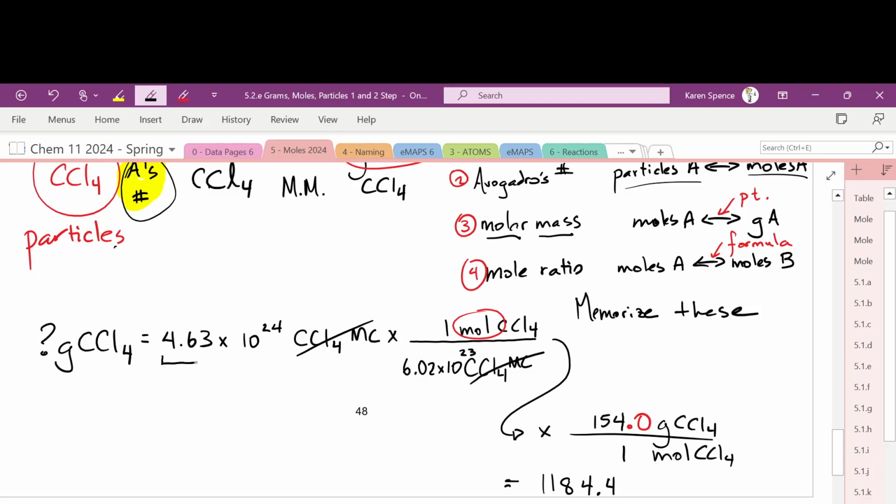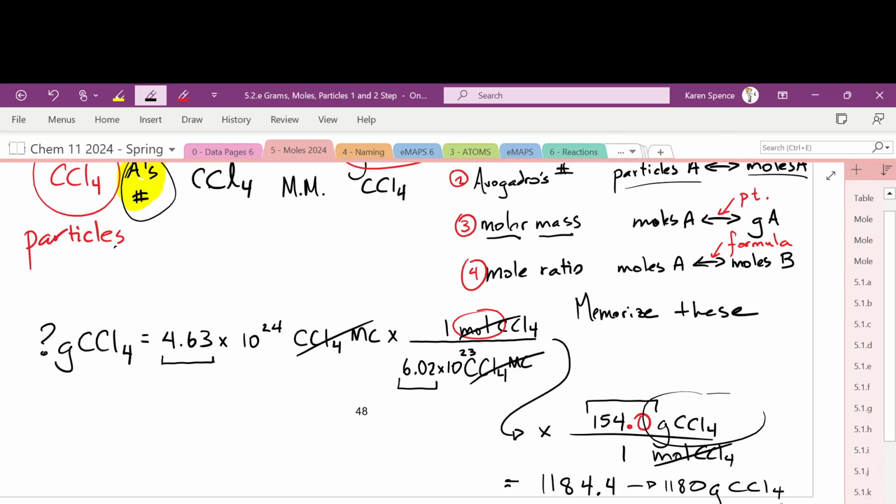We have 3 significant figures here, 3 significant figures here, and 4 significant figures here. So we would want 3. That's going to round to 1180, and our unit: the molecules cancel, the moles cancel, and the only thing we're left with is grams of CCl4. Is that good? Alrighty.